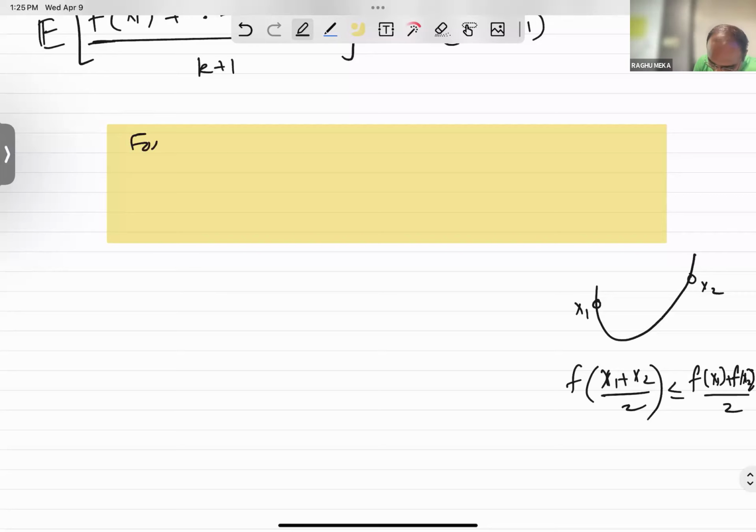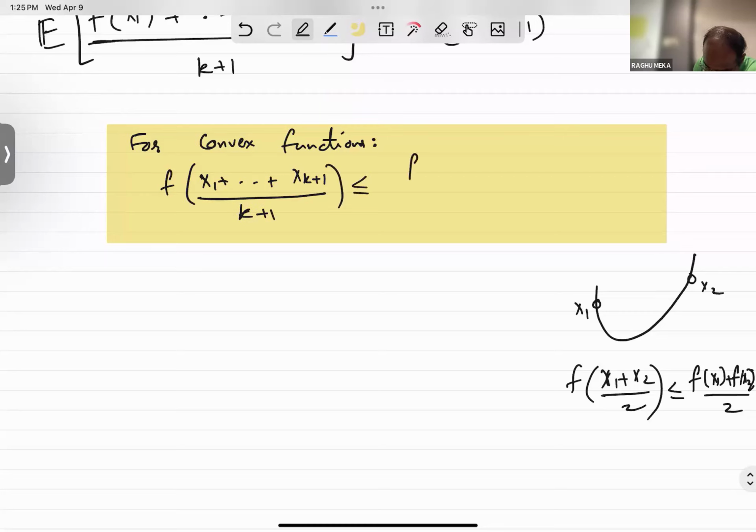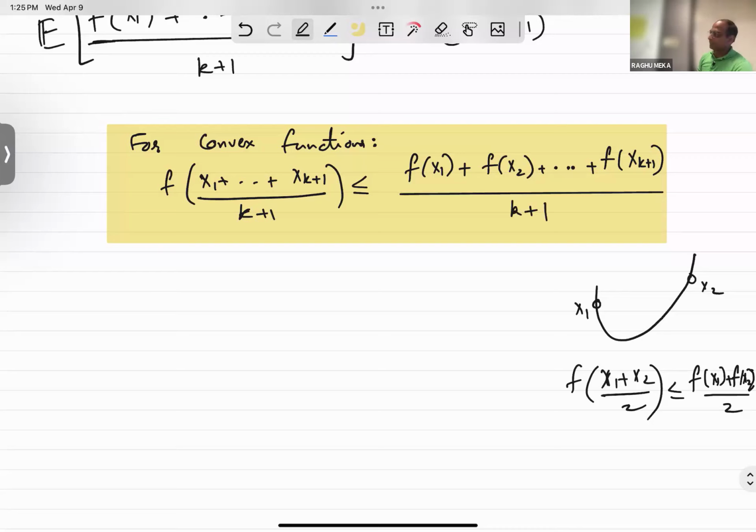And so for convex functions, in fact, you have that... So that's all.